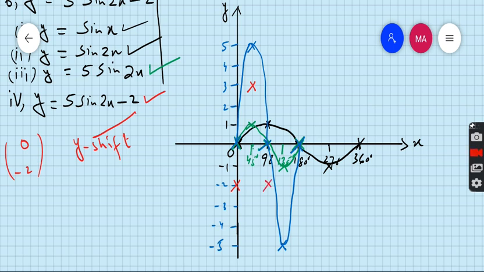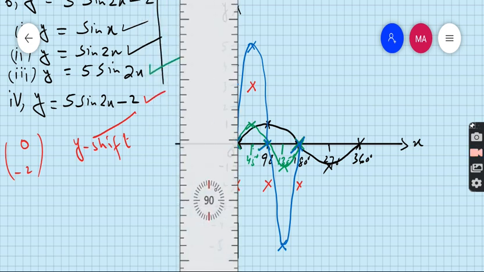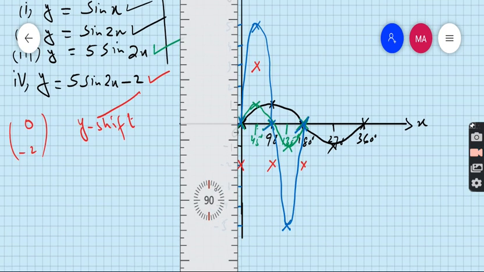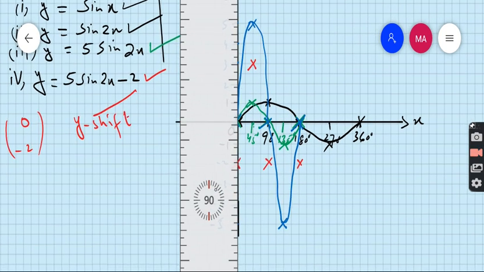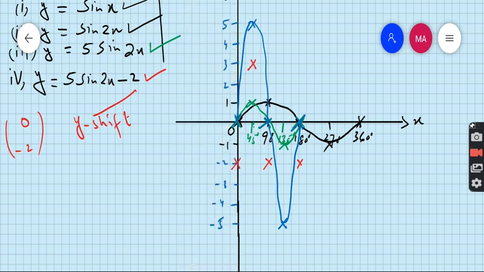This also move to minus 2, and this last one move to minus 7.